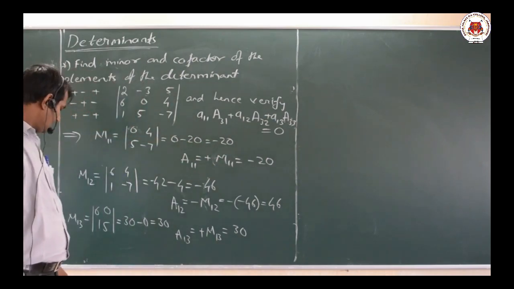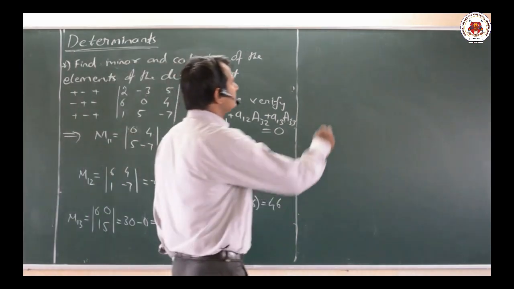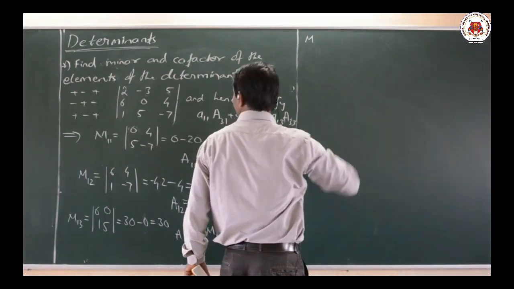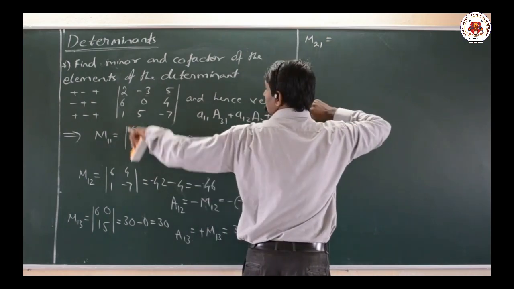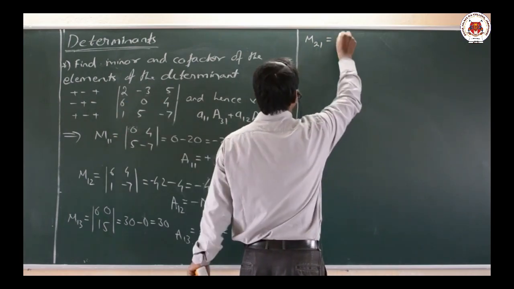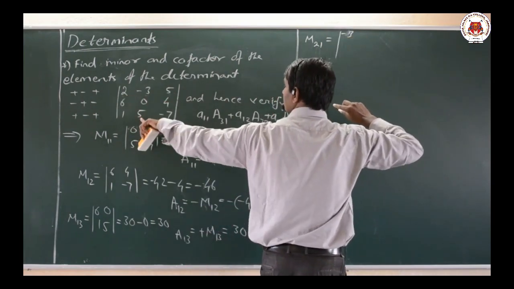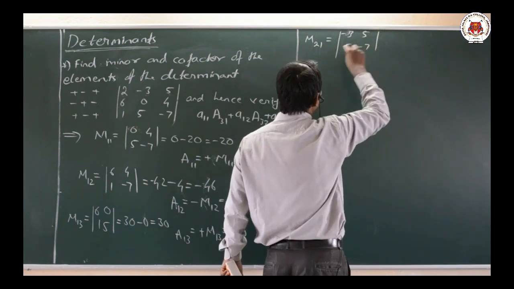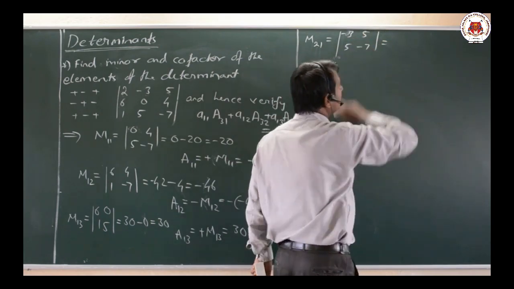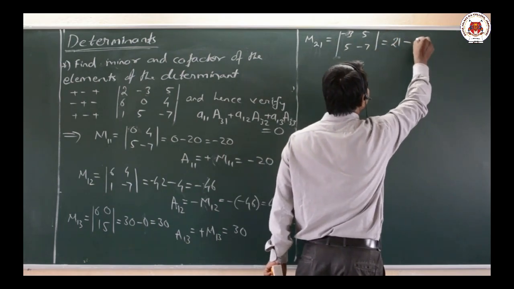Okay, now we shall find out the minor of 6 value. Minor of 6 means M21, which is equal to, you have to delete this row and column. What are the remaining values? -3, 5, 5, -7. The value will be 7 3s are 21 minus 5 5s are 25.